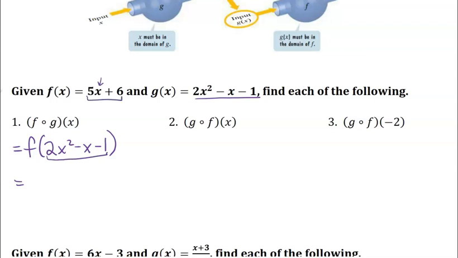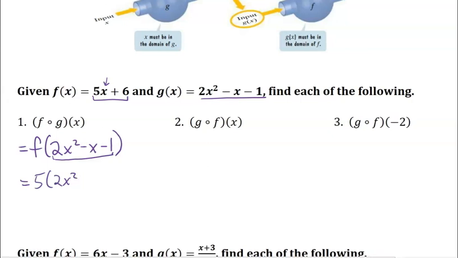In this case, it's going to replace that. So I'm going to do 5 times this whole quantity, 5 times 2x squared minus x minus 1, and then I still have a plus 6.